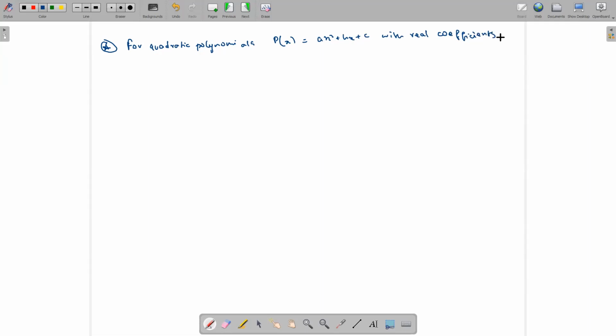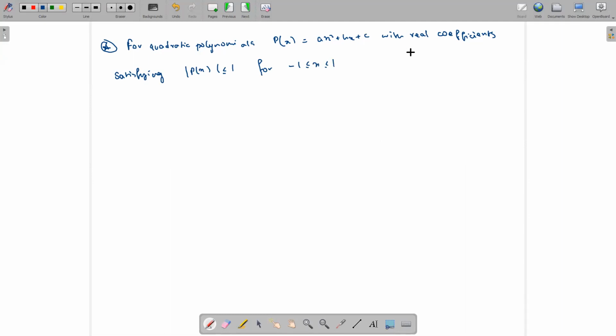Real coefficients satisfying, which is, less than or equal to 1 for x lying between -1 and 1.